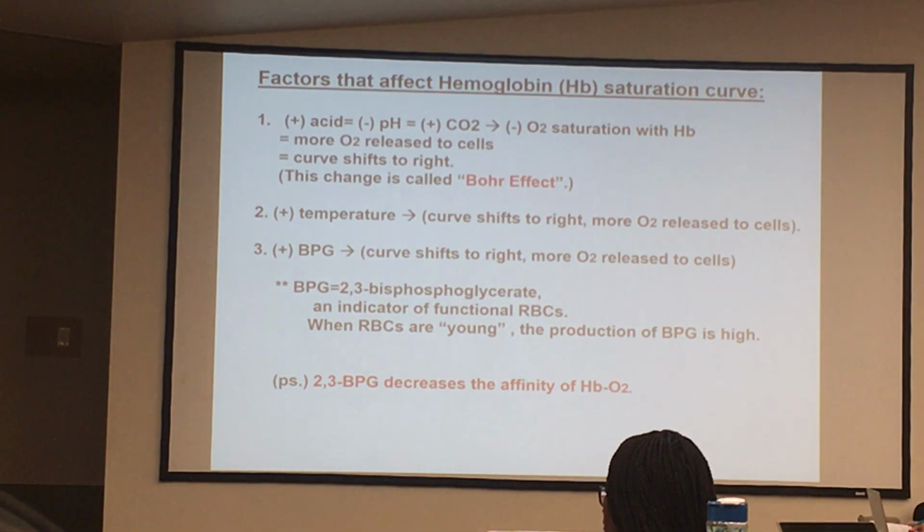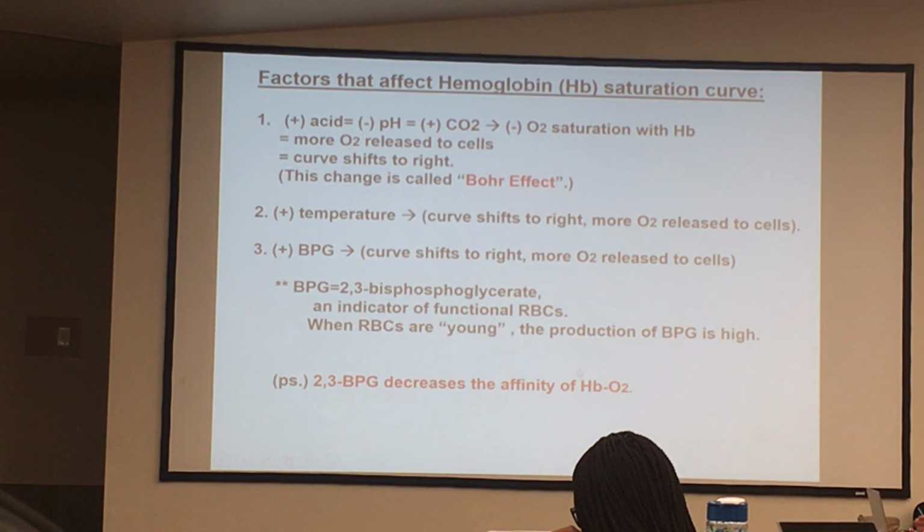So when the red blood cell is young, it releases more. Release more means the affinity, the holding of oxygen, decreases. Very easy. You are young people, you are more generous, you like to give money. People getting old are very stingy, they don't want to give. So when the red blood cells are young, they deliver easily.